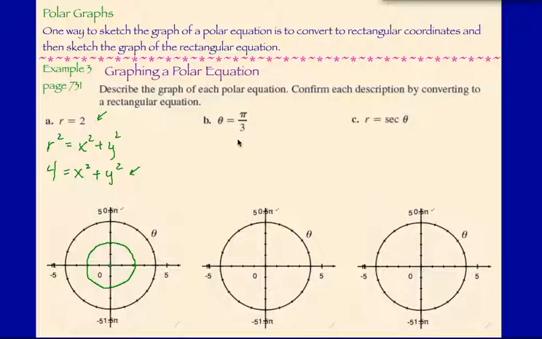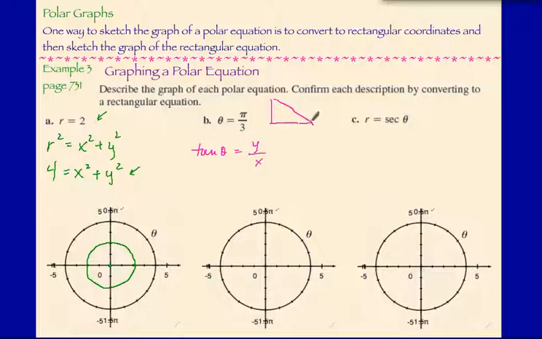Now for letter B, we're going to use this relationship instead: tan of theta is equal to y over x. We're trying to convert these to rectangular coordinates. Tangent of pi over 3, once again, is a 60 degree angle. Pi is 180, and 180 divided by 3 is 60.